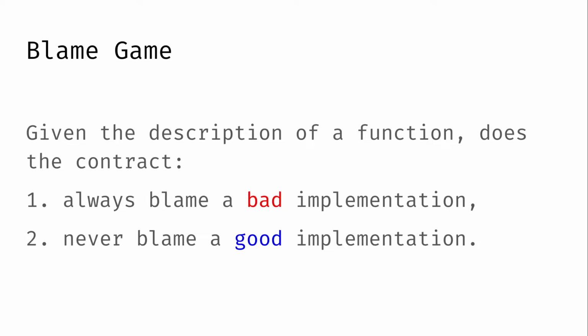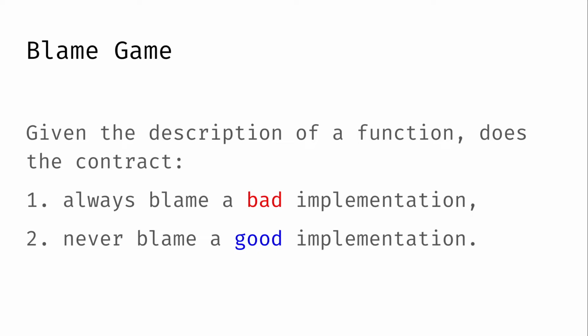There are two properties that you may think about. One is that it will always blame a bad implementation. So if I give you something that doesn't satisfy what you think the specification should be, you should get a blame at some point, pointing to the server. And also that it's not too strict, so it's never going to blame a good implementation of the function.